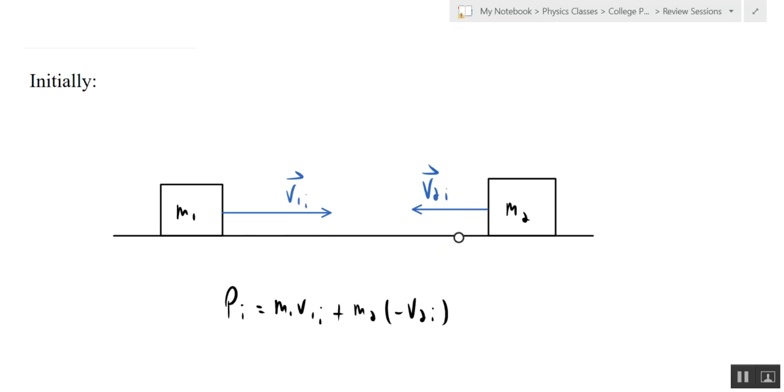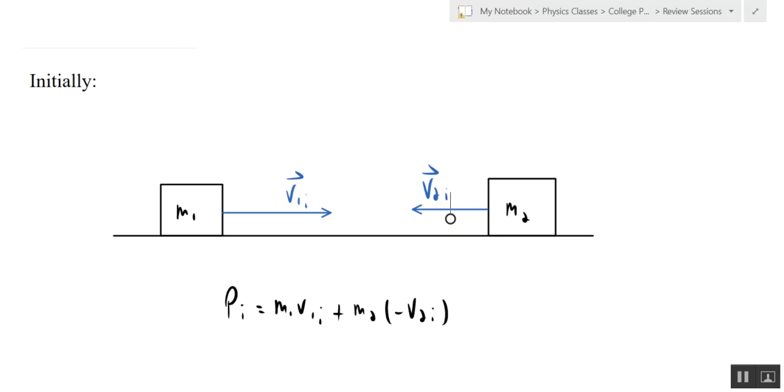So it looks like this. Now the difference between 1 and 3 is that you do not know mass 1. That is not given. V1I is given. You know mass 2, but you don't know V2I, right? So there are actually two things you don't know. You don't know M1 or what V2I is.